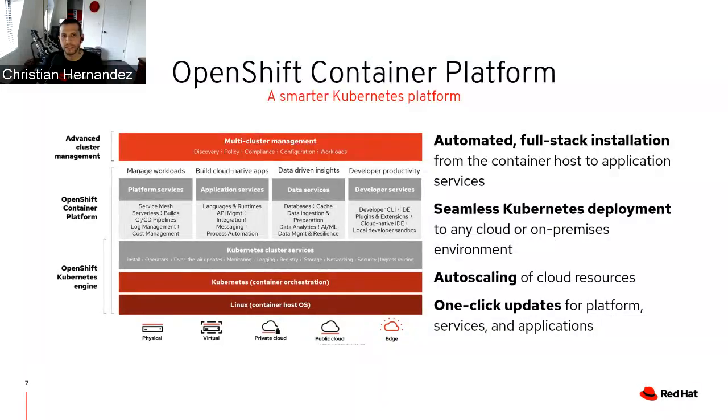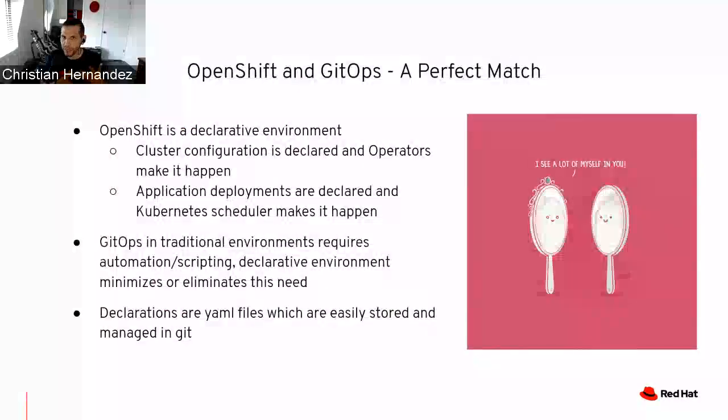It's just to say that OpenShift is an automated Kubernetes platform, so it fits right in. OpenShift and GitOps are really a perfect match. On the one hand, you have GitOps, the idea of declarative operations, everything stored in Git. And then you have a platform that leverages that, a declarative platform.